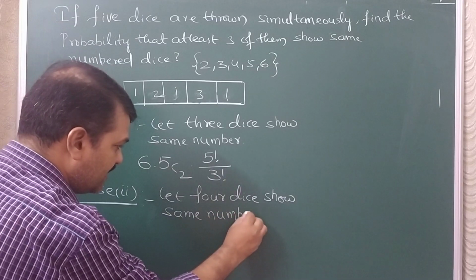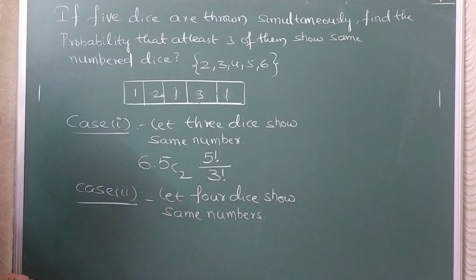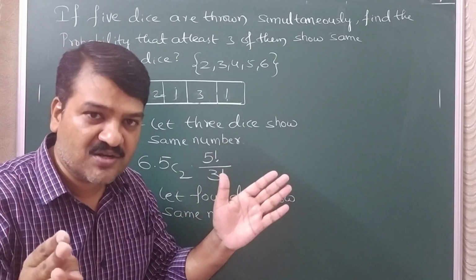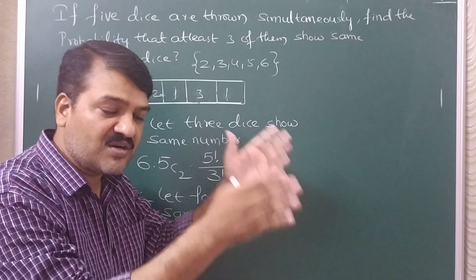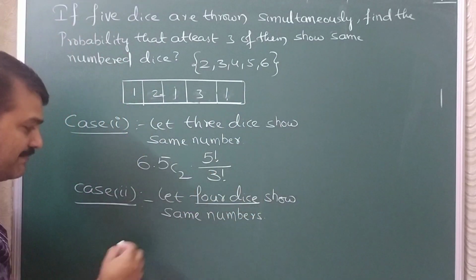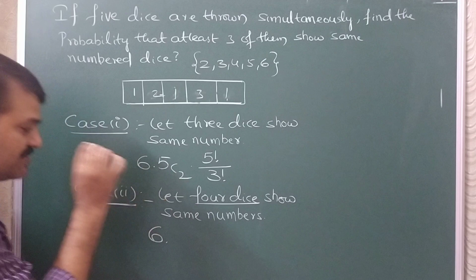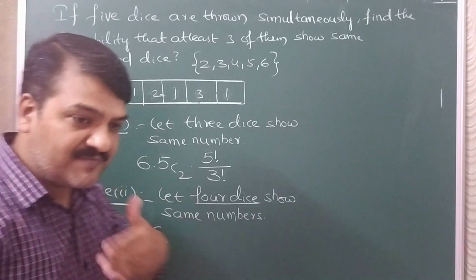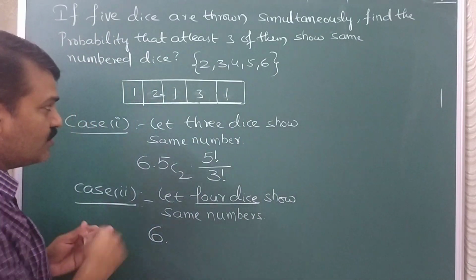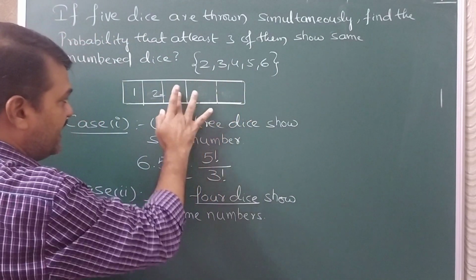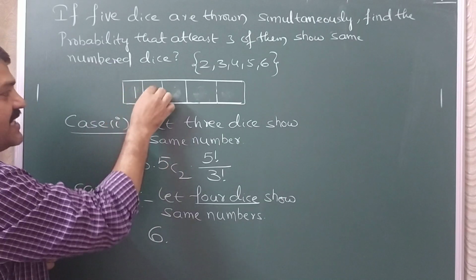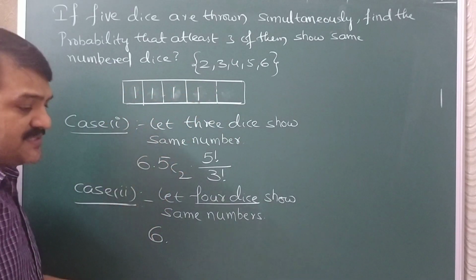So 4 of the dice showing same numbers means 4 of the dice showing 1s or 2s or 3s or 4s, like that. 4 dice showing same numbers has 6 possibilities. That is all 4 1s or all 4 2s or all 4 3s, like that. Okay, so I will show you how you will get. So 4 of the dice showing same numbers means, for example, you take like this.